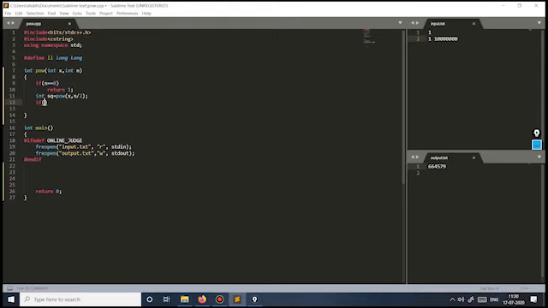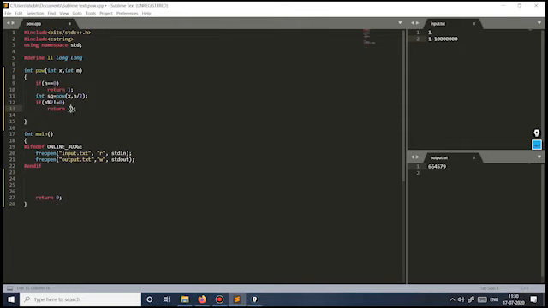Now if n modulo 2 is not equal to 0, which means if n is odd, what we need to do is return the square of whatever we have calculated in sq, that is sq into sq, into the number x. Alright, so we will simply return that.